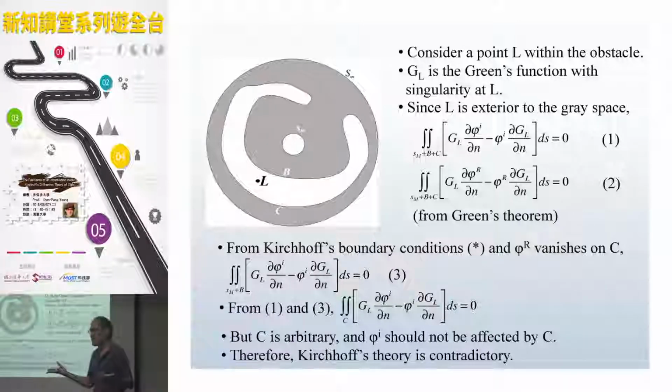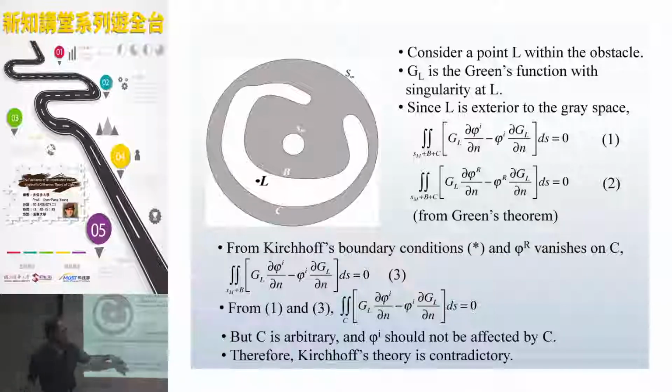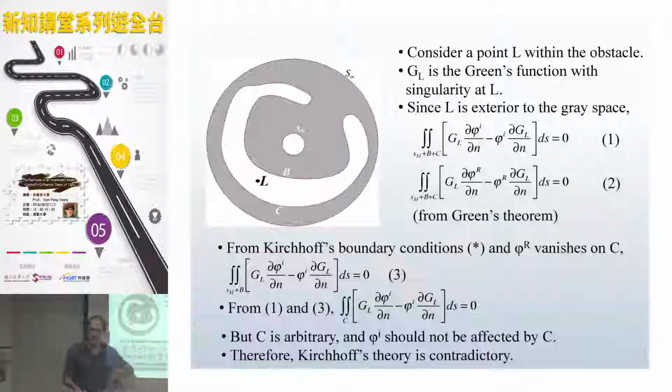But you basically cannot imagine any relationship between the incident fields and the surface over here, because the incident field is a field where you have nothing, just the point source. So it should be independent of the surface C over here.